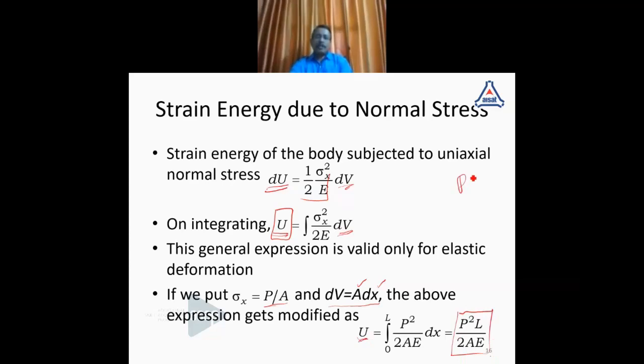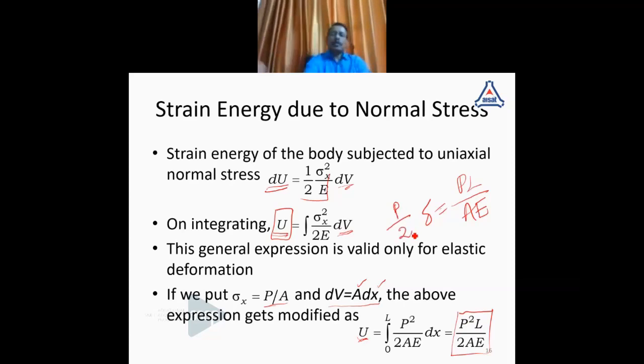You may be familiar with this expression, PL by AE. What is it? Deflection. You studied this in MOS. PL by AE is a deflection. Now the energy is given as P square L by 2AE, and that is P by 2 into PL by AE. So you can write U is equal to half of P into delta.